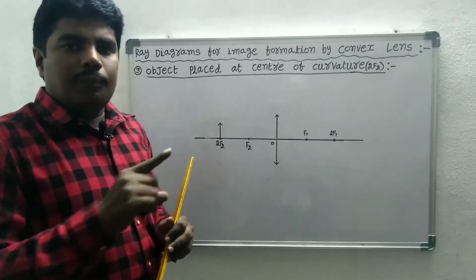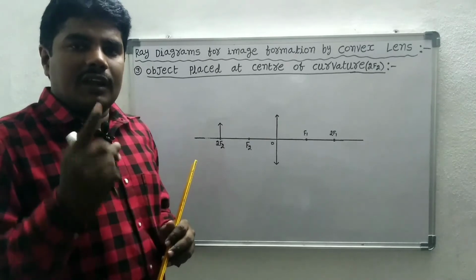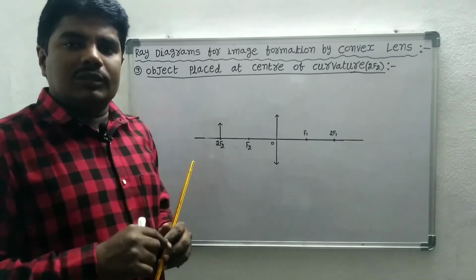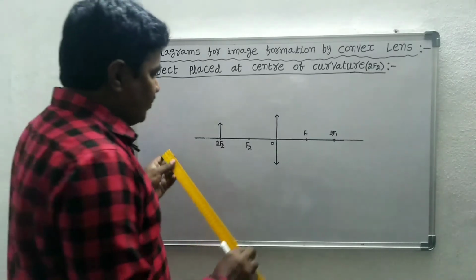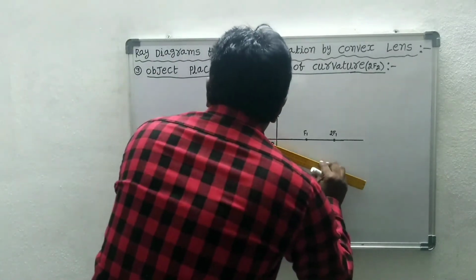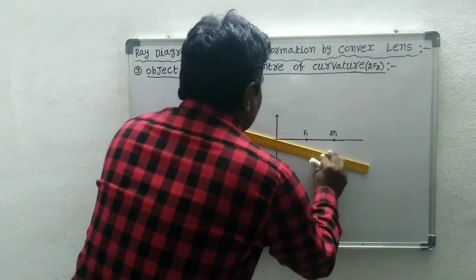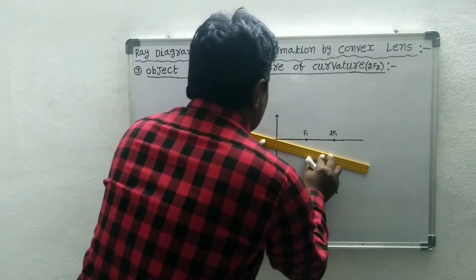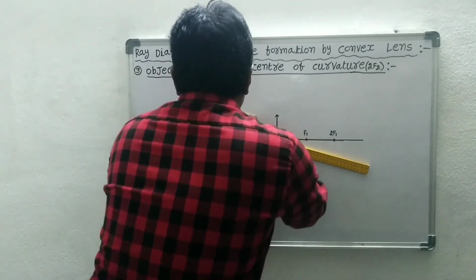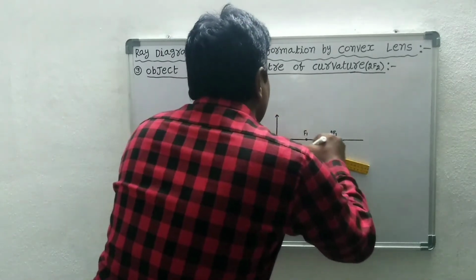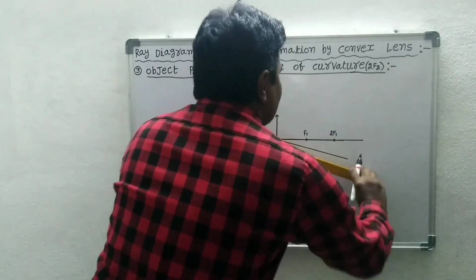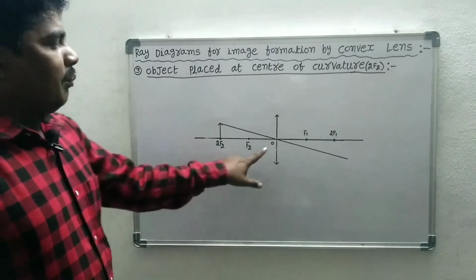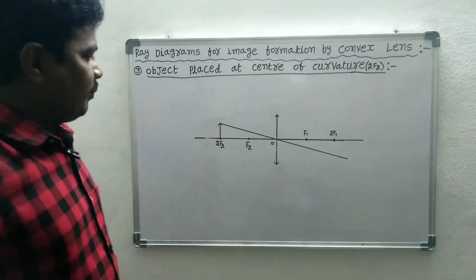One is passing through the optic center and another is passing parallel to the principal axis. The light ray passing through the optic center is not deviated. It goes straight.